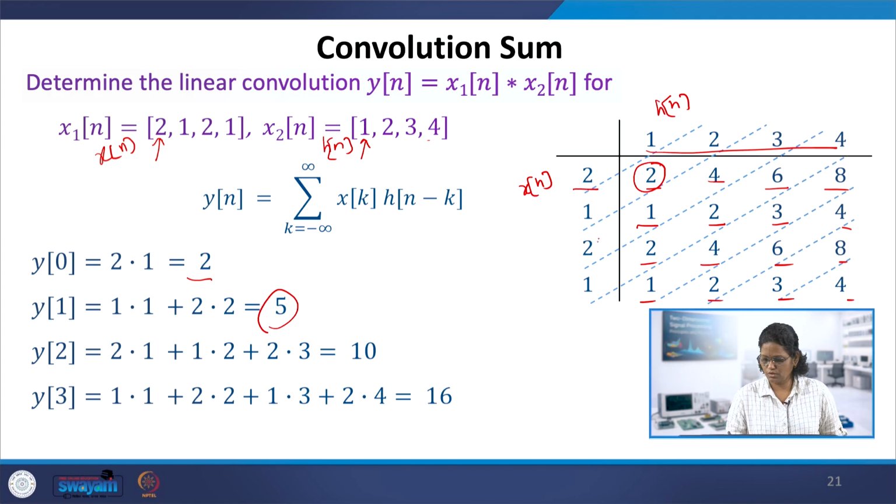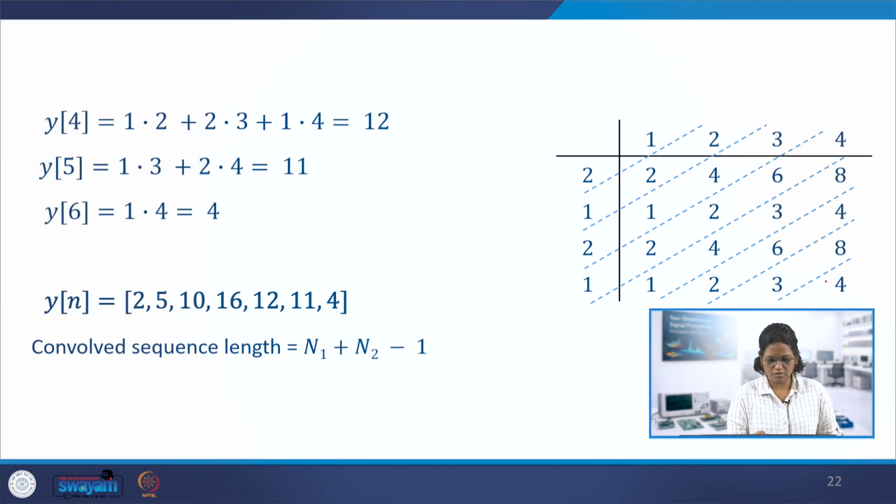The next one is y of 2, which yields 2 plus 2 plus 6, this is 10, and the other one is 16. Then 7 plus 8 is 15, and the next ones are 12, 11 and 4.